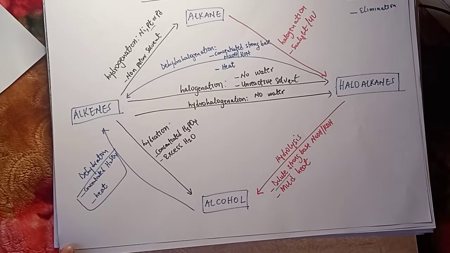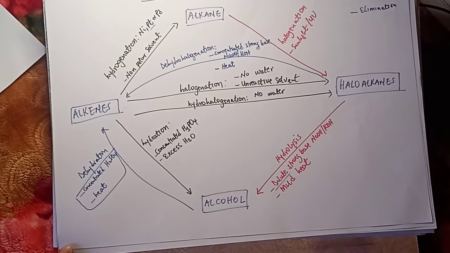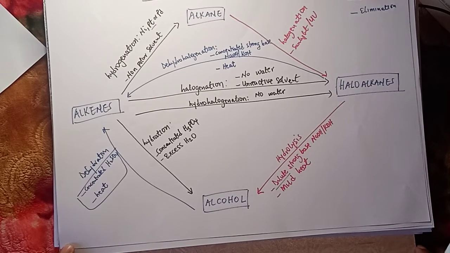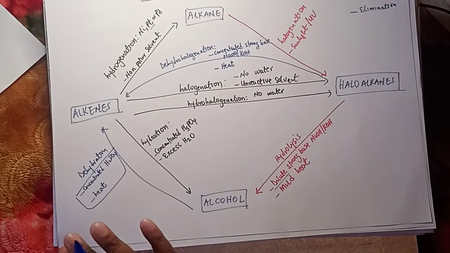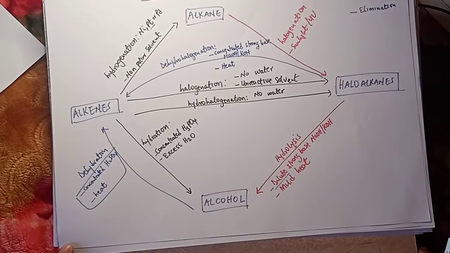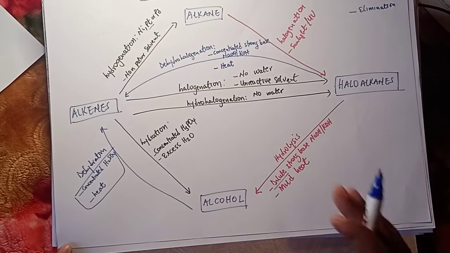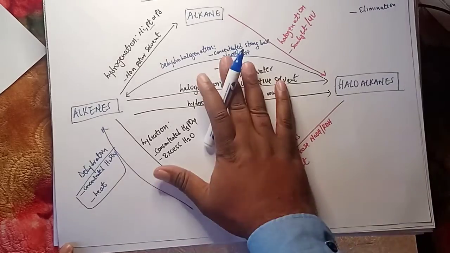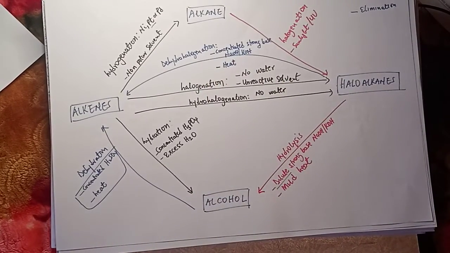Take note of the conditions of these reactions because we're going to talk about all of them in great detail. Sometimes in exams, like in question 4, they will give us a flow chart, and from that flow chart, we'll be able to fill in the information that we have here.